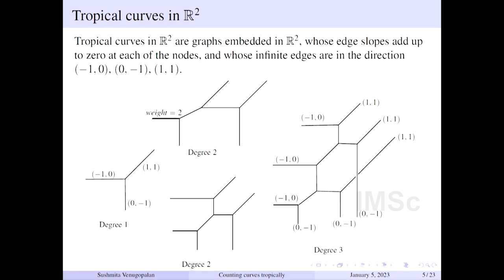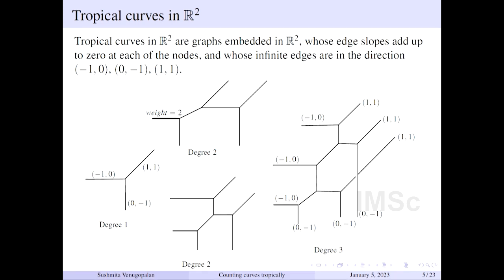We are talking about tropical curves lying in R2. These are graphs which lie in R2 and whose edges each have a rational slope, a rational element of R2 associated to it, and those numbers add up to 0 at any of the nodes. I'm hoping that is obvious from the picture, because at most of the nodes my slopes are just (-1, 0), (0, -1) and (1, 1).